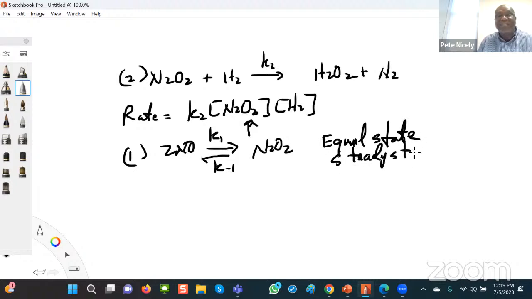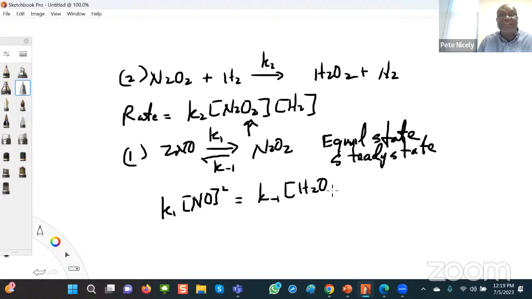Basically what we're assuming is that the rate of the forward reaction will be equal to the rate of the reverse reaction, right? So the rate of the forward reaction would be equal to K1, concentration of NO squared, and the rate of the reverse reaction would be equal to K minus 1, concentration of N2O2, right? I'm sorry, this should be N2O2, okay?